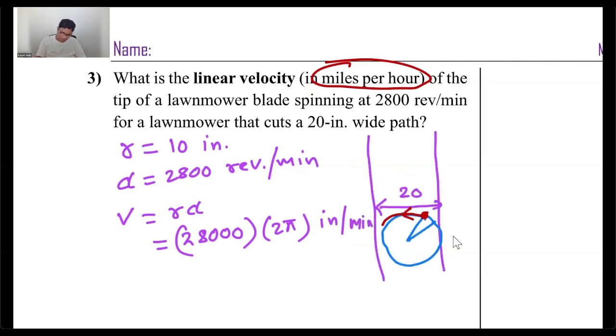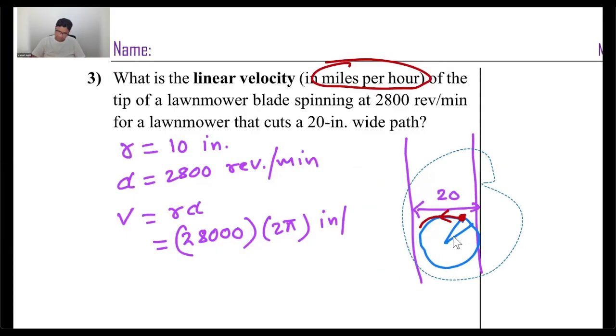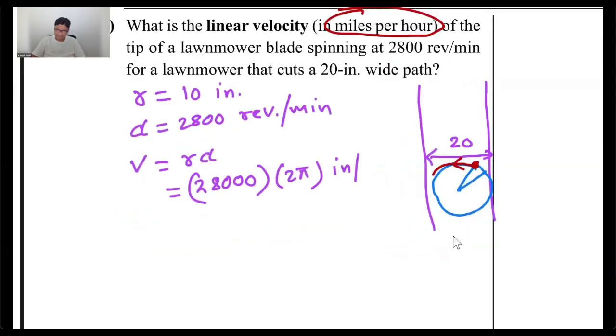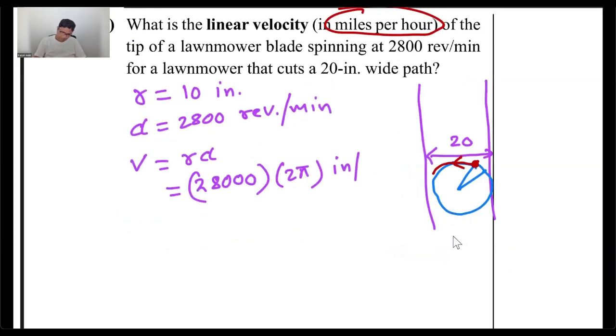So let me do it this way. I'll move this a little to the right. Inches per minute. Why did I multiply by 2 pi? This is revolutions. I need to convert it to radians.